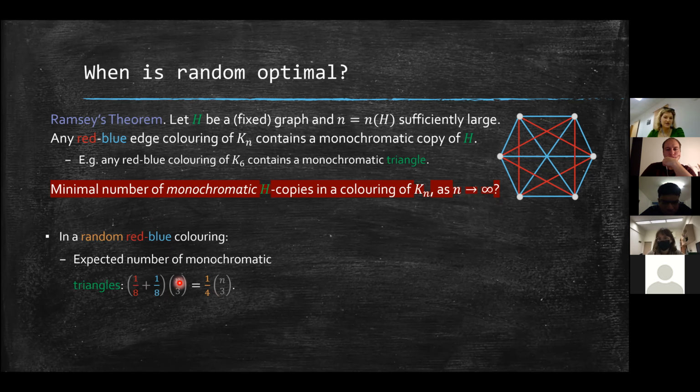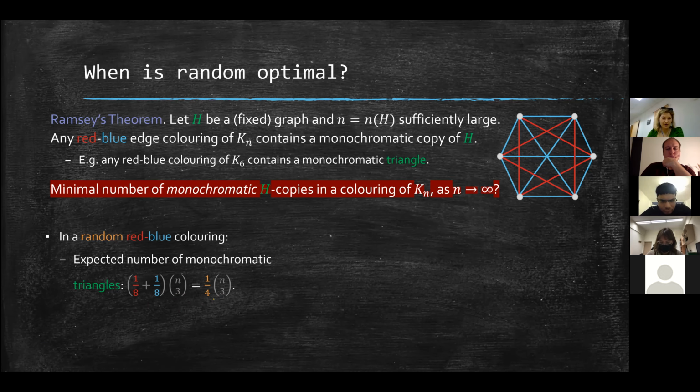That's because there are n choose 3 triangles, and for any 3 points I choose, the probability that in this random coloring the corresponding triangle is red is 1/8, and the same thing for blue. So the total expected proportion of monochromatic triangles is a quarter.